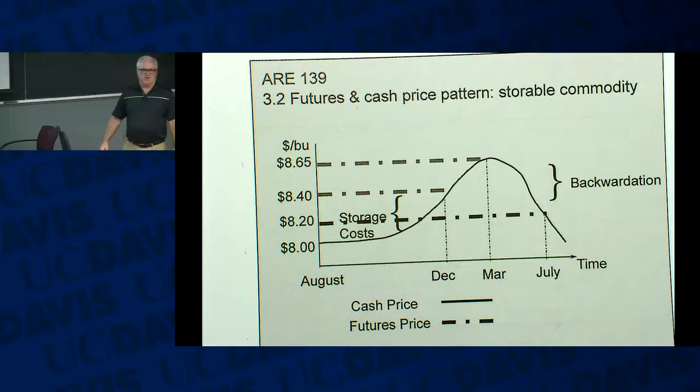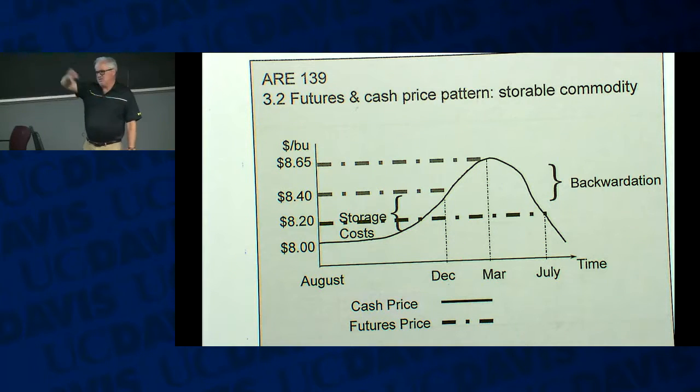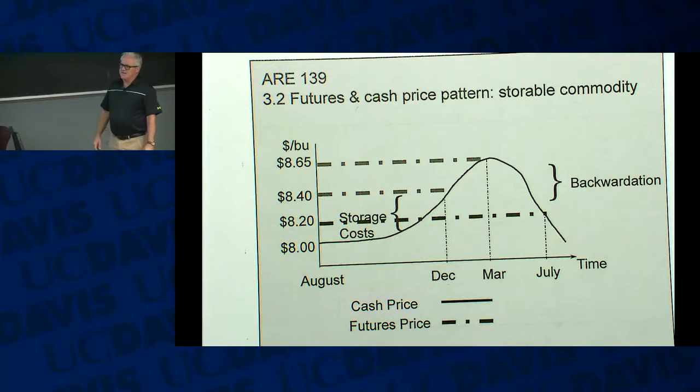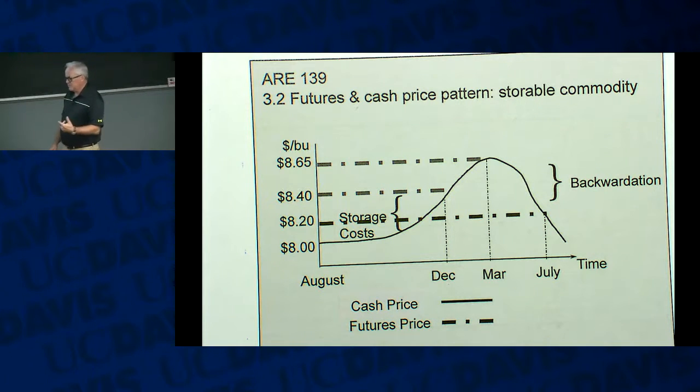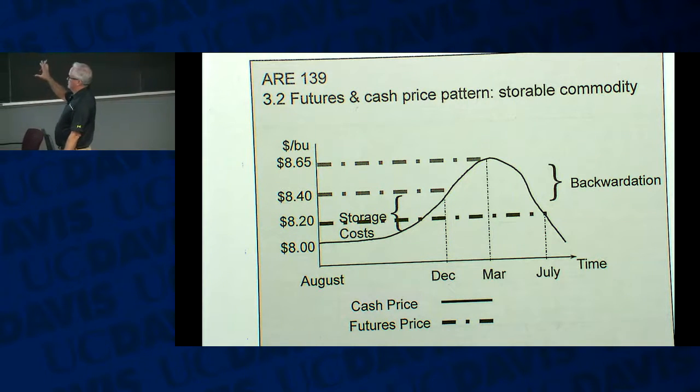If you look at crude oil, I think it's in contango as far as the eye can see. And a lot of this has to do with expectations regarding future supply and demand and also storage costs. So here's a picture of the wheat market.